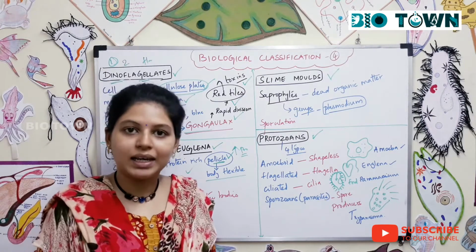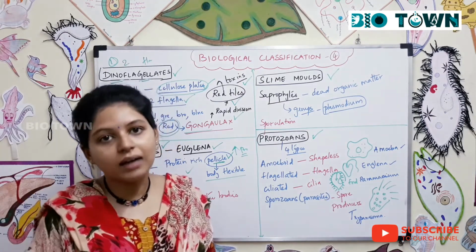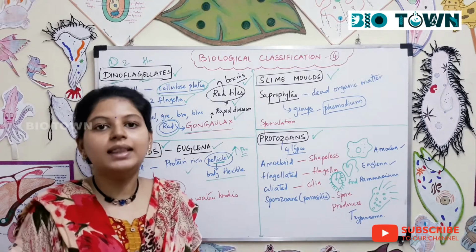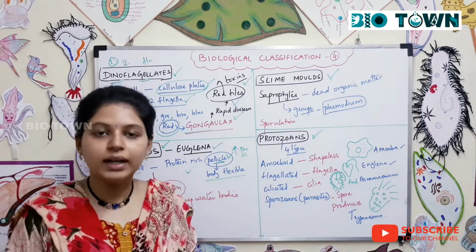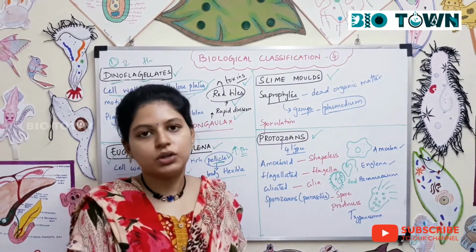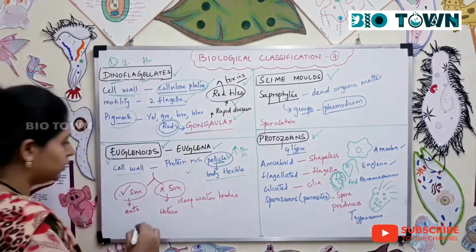So at this time, they depend upon other organic components, other organisms for food, and they try to be heterotrophs. Alright, so they have two types of nutrition. During favorable conditions, they are all autotrophs. During unfavorable conditions, they are all heterotrophs.